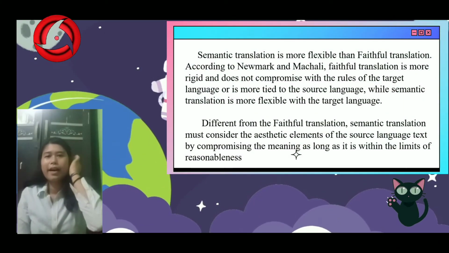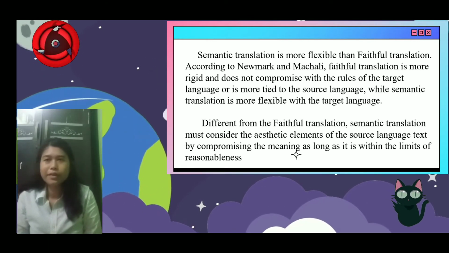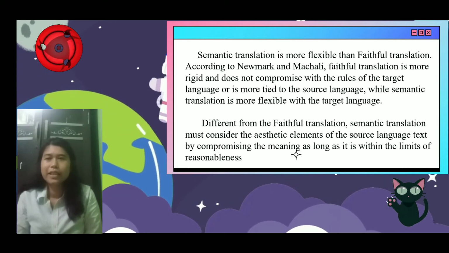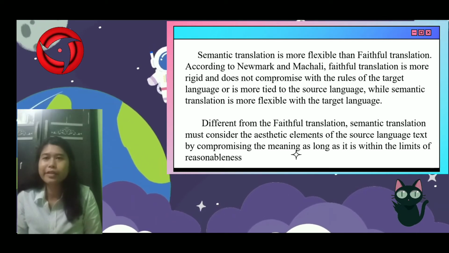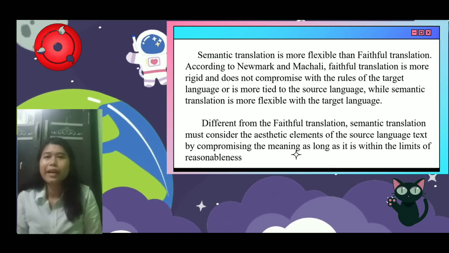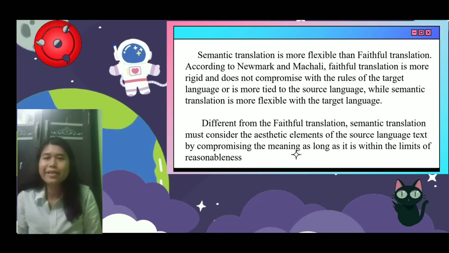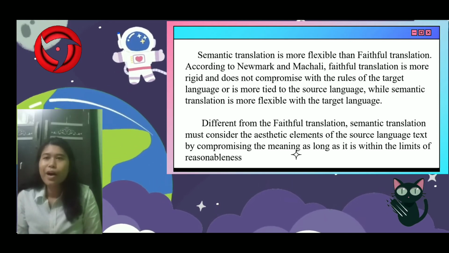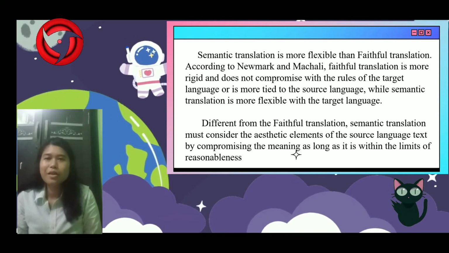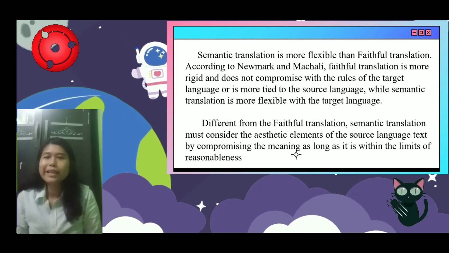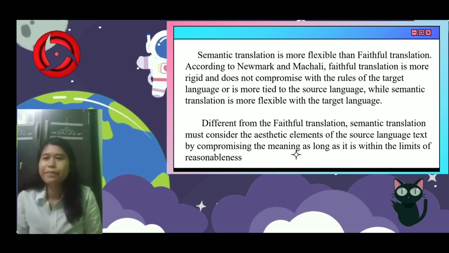Alright, I'm Sonang Sinaga, I want to continue explaining semantic translation. Semantic translation is more flexible than faithful translation. According to Newmark and Macaulay, faithful translation is more rigid and doesn't compromise with the rules of the target language, or is more tied to the source language, while semantic translation is more flexible with the target language.